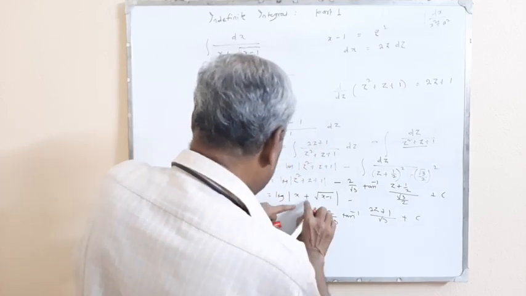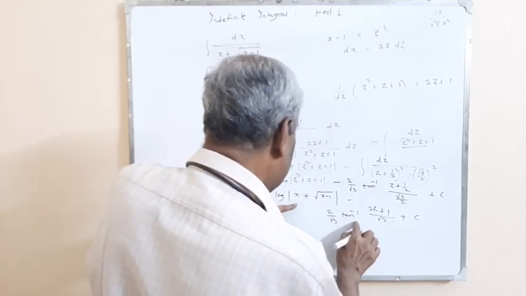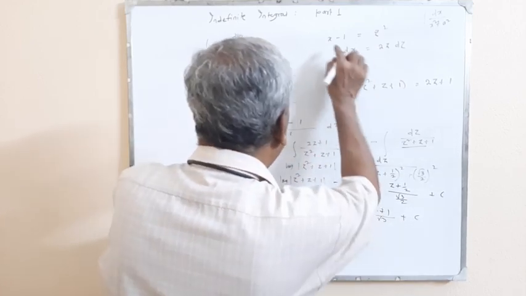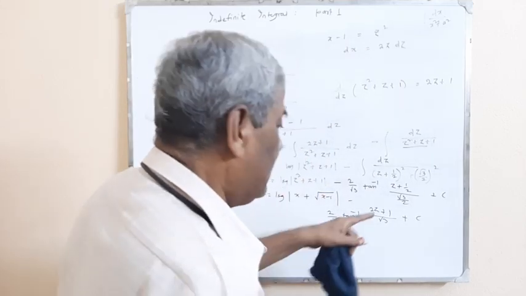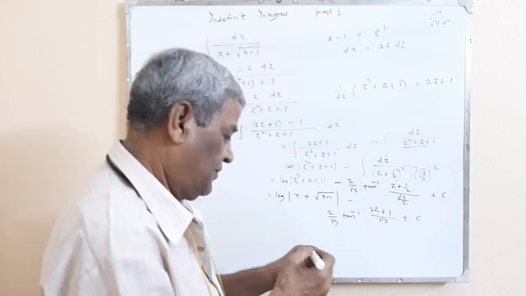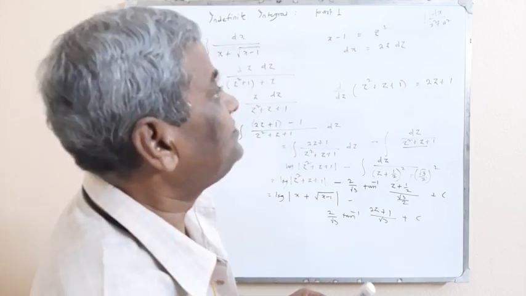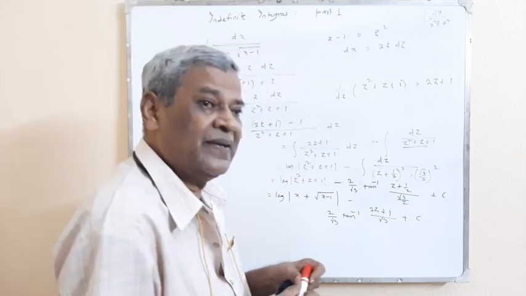So that this is intact plus this tan inverse 2z, means 2 into root over x minus 1 plus 1, divided by root 3 plus c. And this is the answer. Okay.